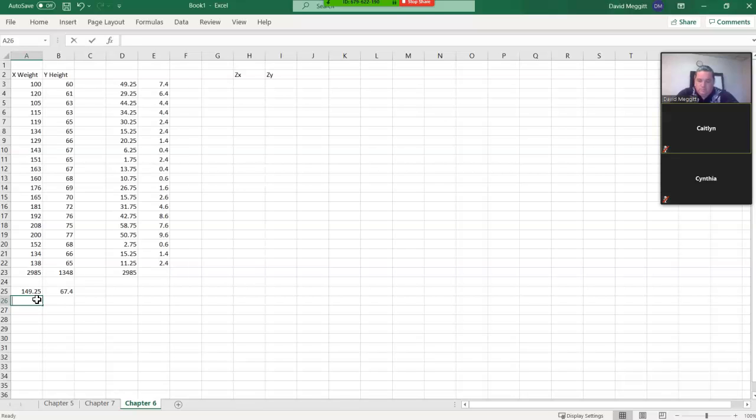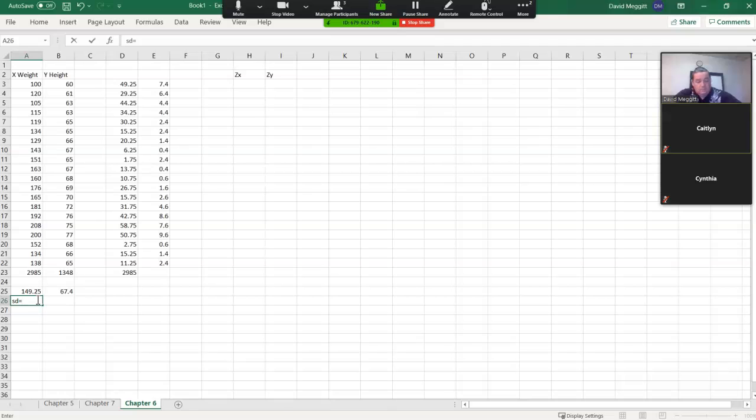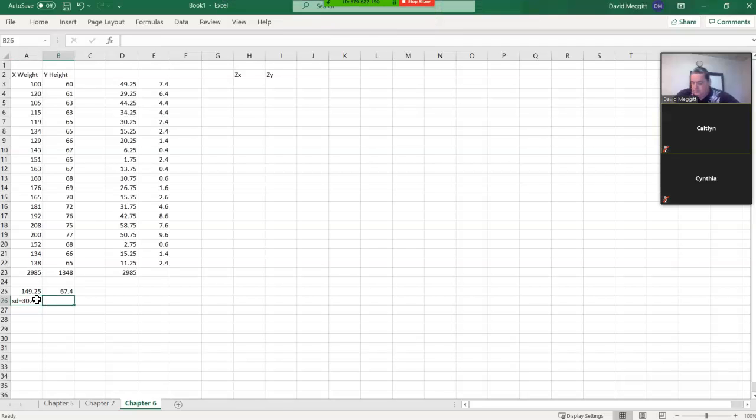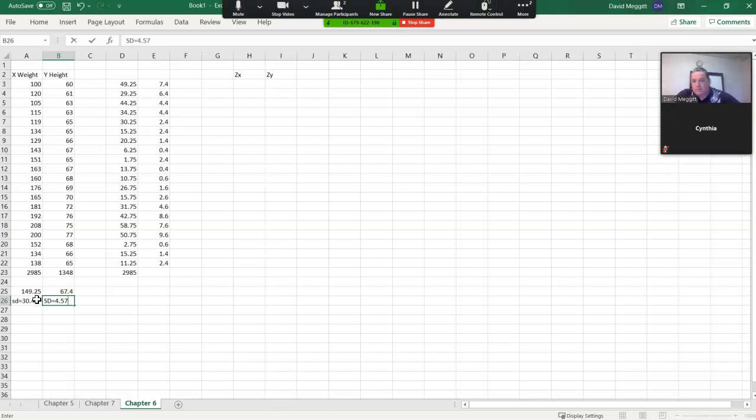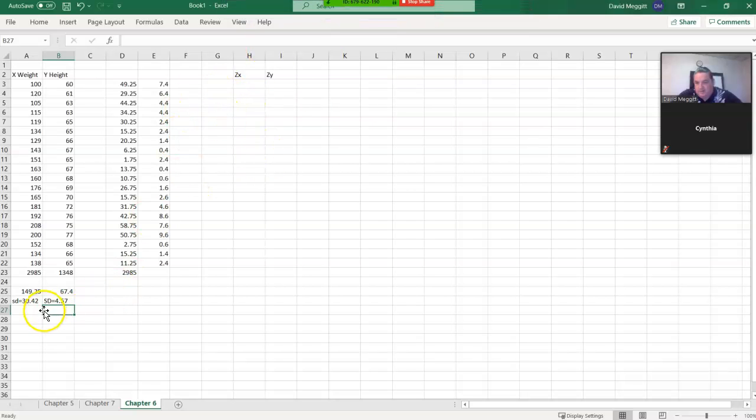Later on, I'll add another column that actually does the calculations for us, for the z and the y here. Great. I actually had it right the first time.